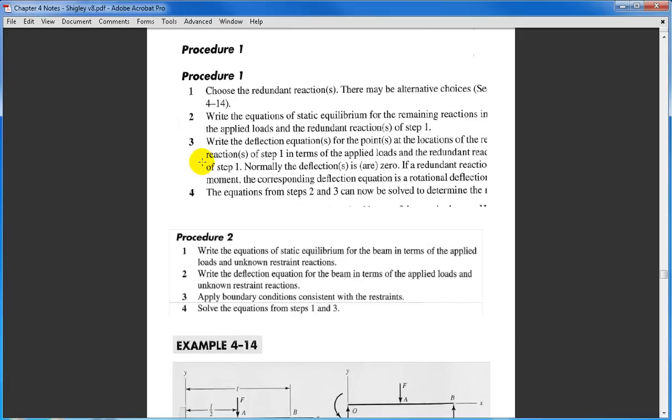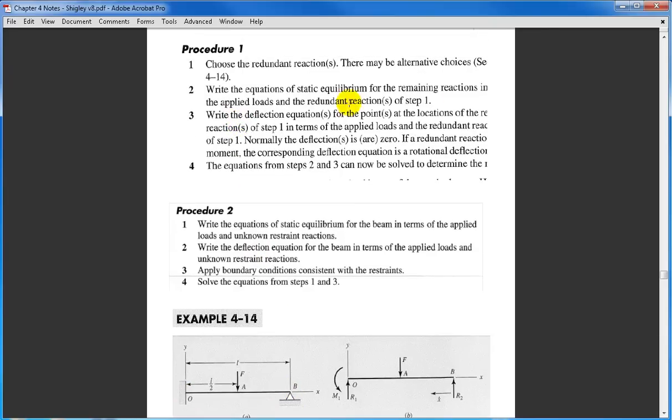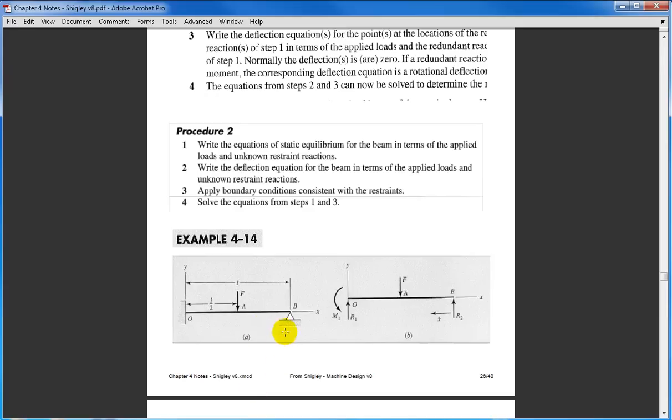Let's go look at what this thing says. It says, choose a redundant reaction. There may be alternatives. For this problem, I would probably choose the support and leave the cantilever alone. I choose that one, and I then write the equations of static equilibrium for the remaining reactions in terms of the applied load, or in terms of this load.